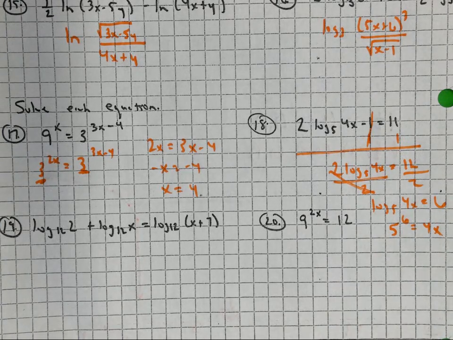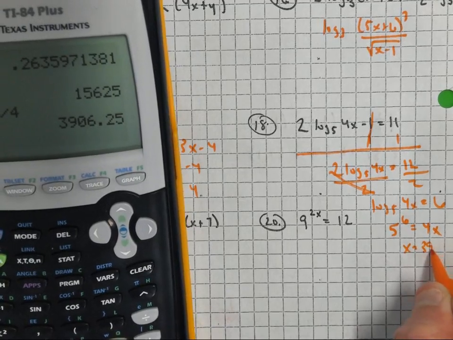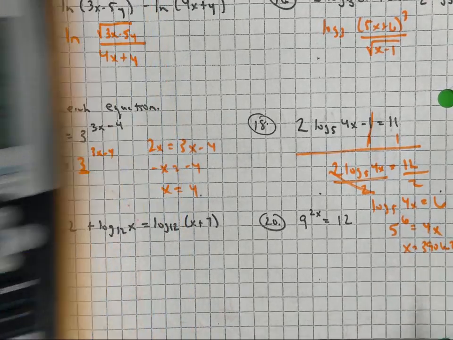Ooh, what's 5 to the 6? 15,625. Okay, does it divide by 4? Not evenly. Okay, divided by 4, so you get x equals 3,906.25.